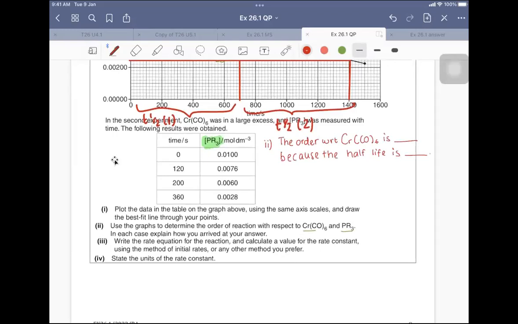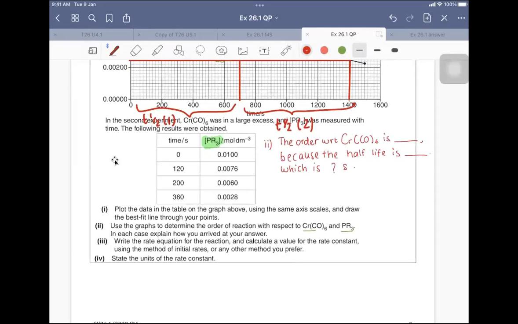That's it. Whether it's increasing, constant, or decreasing, which is, don't forget, whatever number in seconds.